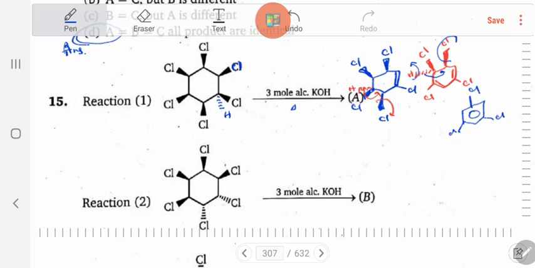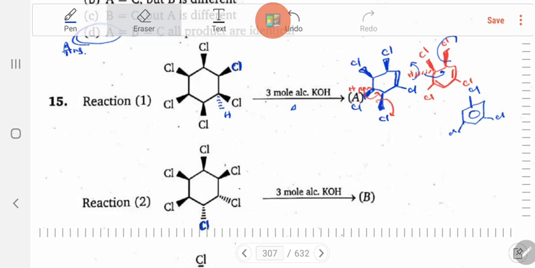Now if I take these two, there will be hydrogen above the plane. So this hydrogen and this chlorine can be lost. Then you will get a double bond here.